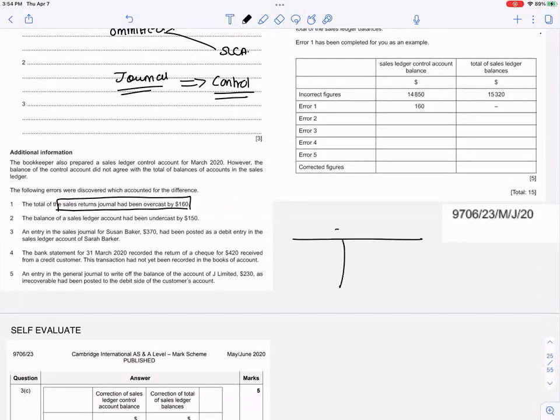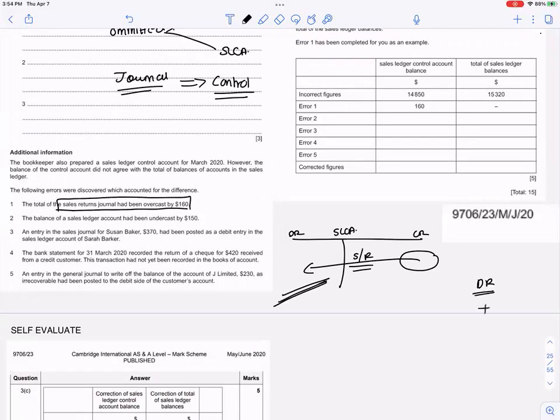The total of the sales return journal has been overcast. In an SLCA, where does sales return come? Credit side. Sales return has been overcast. Overcast, you will write on the same side or opposite side? Opposite side. That means I have to write it on the debit side. If I have to write on the debit side, will I add or minus?